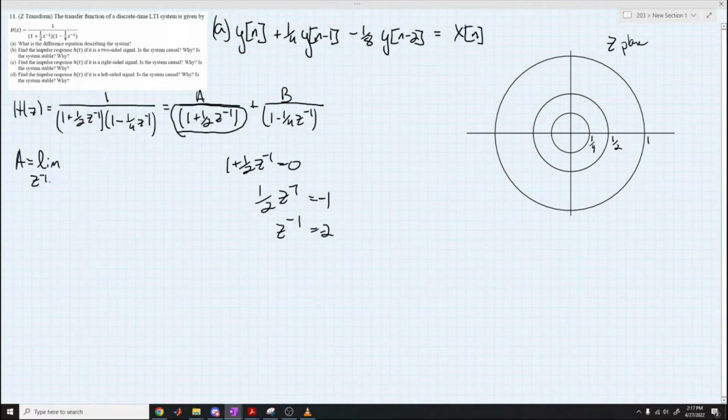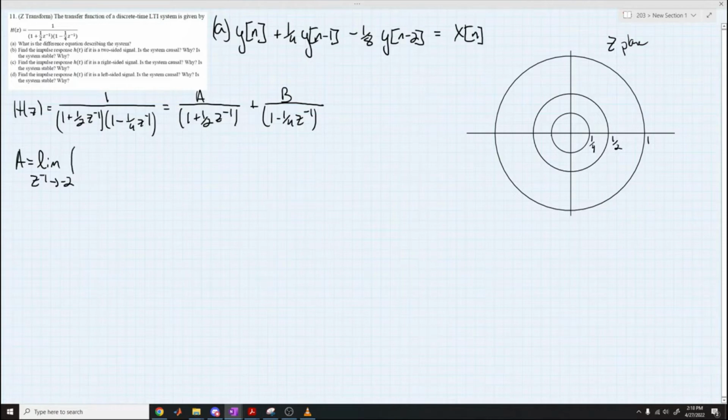So I want the limit as z to the negative 1 approaches negative 2, and I take that term, 1 plus 1/2 z to the negative 1, and multiply it times H of z. When that happens, that term gets canceled.